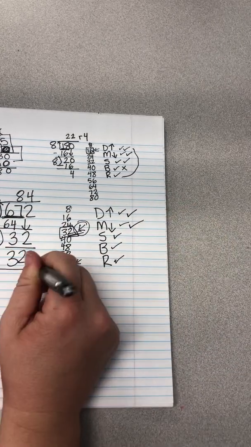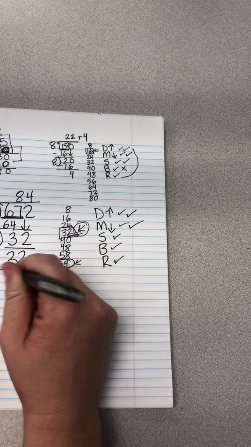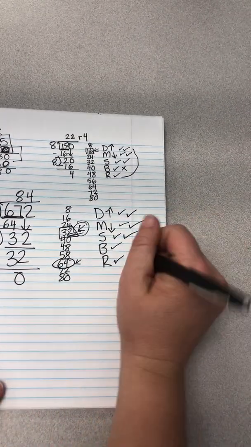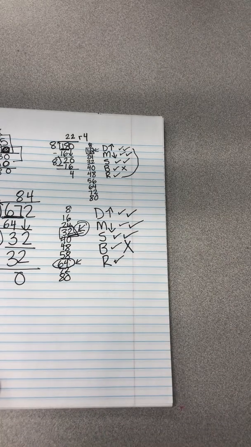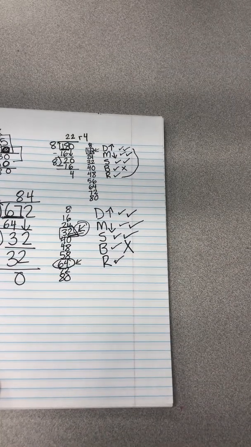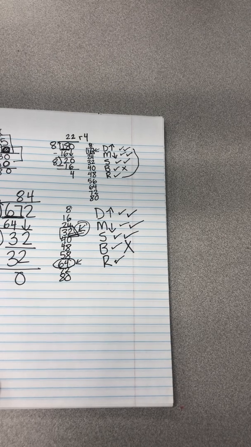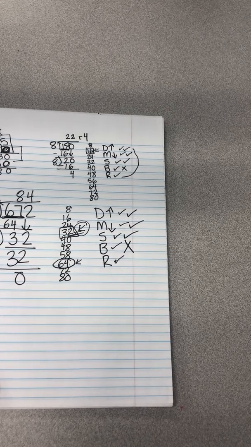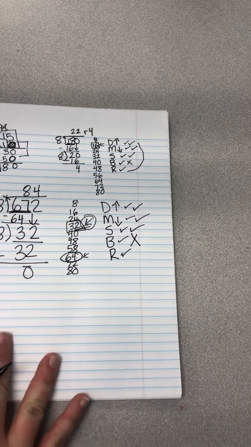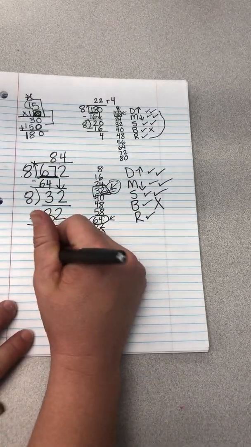Now I'm going to subtract, which gives me 0. Do I have anything else to bring down? No, so I stop right there. So how many servings did my mother make? 84.